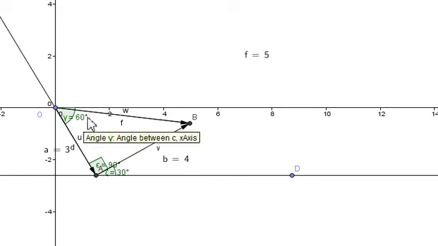So actually this angle here, delta, or sine of this angle, is the opposite divided by the hypotenuse.